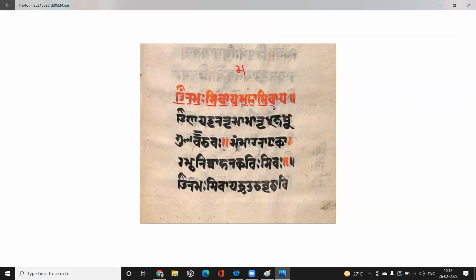Then v, a, and at the end again we have ya. So once we have written all the letters, we can now form the word and sentence. Om Namah Shivaya Sada Shivaya.